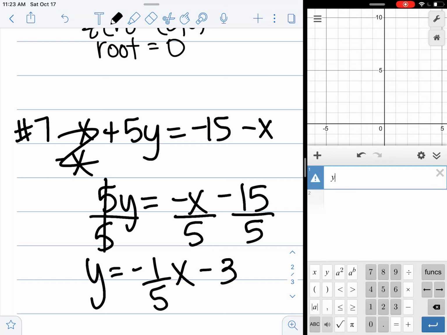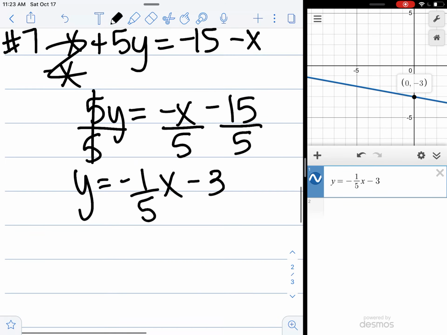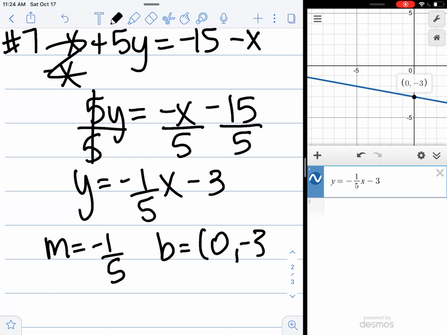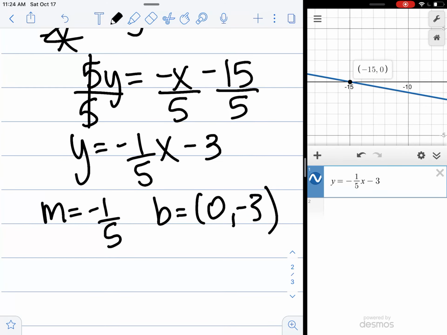Y equals negative 1/5 x minus 3. Here's our y-intercept. If you notice, it says 0, negative 3, which is what we have over here. And then we've got our slope from our equation, negative 1/5. And then now we've got to find our 0, which is another form. It's like our roots. So we come over here, and there it is, negative 15, 0.